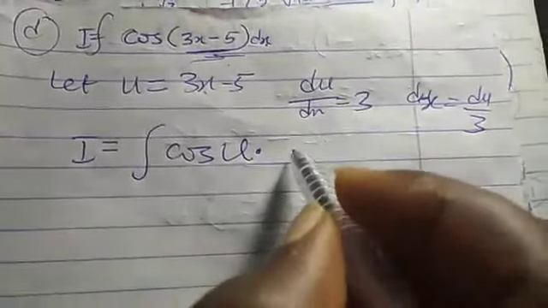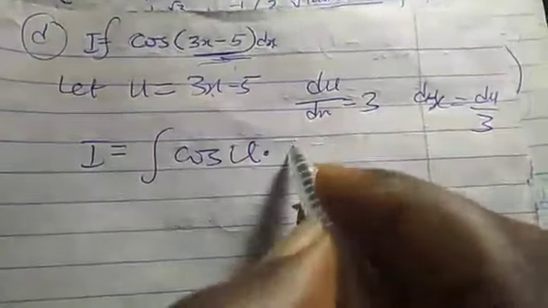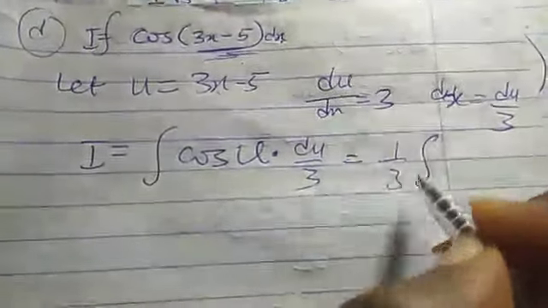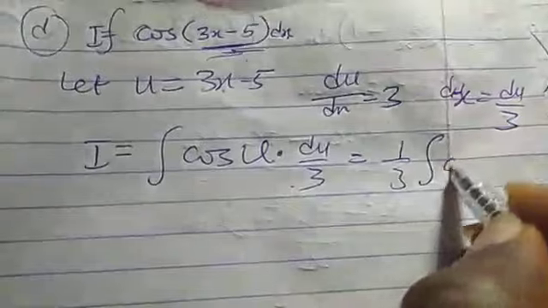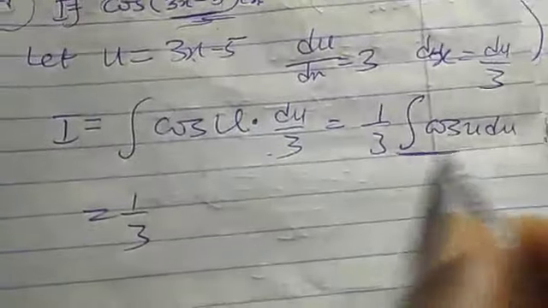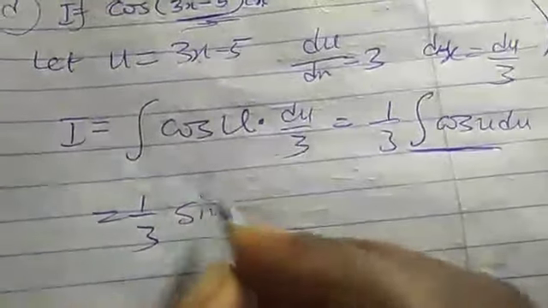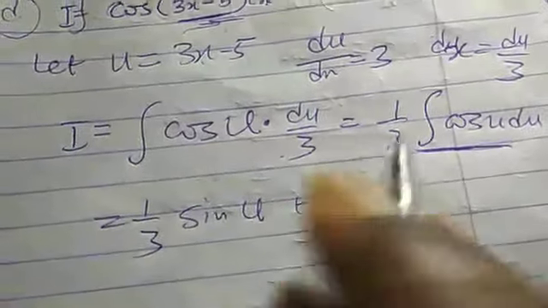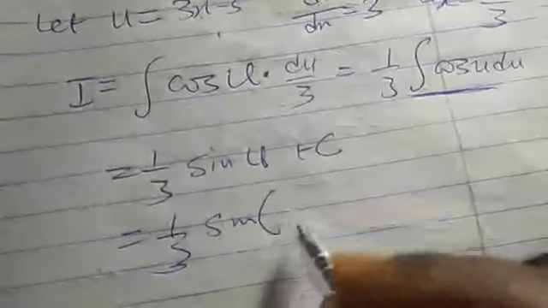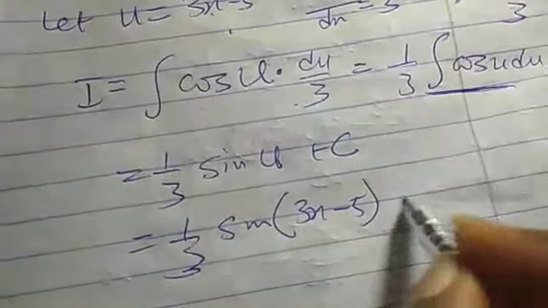So our dx is du over 3. So from that place, I should have 1 over 3 out because it's division, cos u du. If I integrate cos u, I will have sin u plus c. So which is 1 over 3 sine, we have known our u to be this, sine (3x minus 5) plus c.